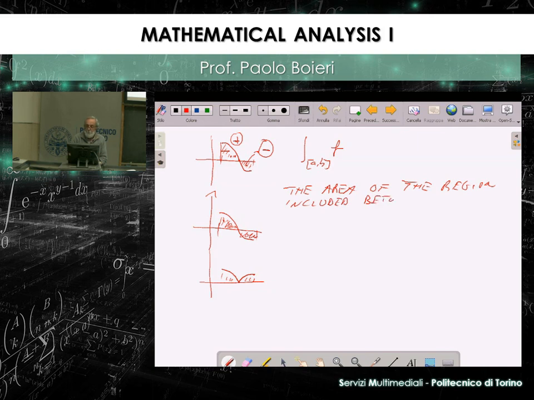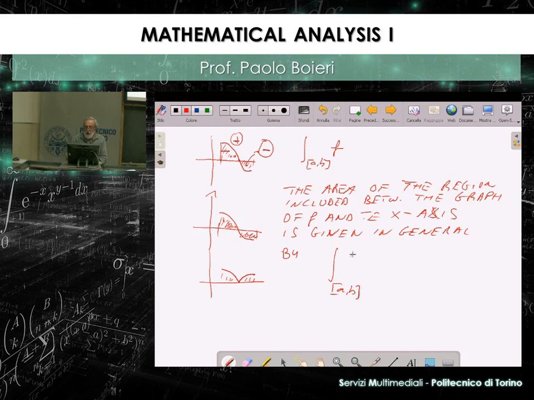between the graph of f and the x-axis is given, in general, not by the integral of f, but is given by the integral over AB of the function absolute value of f of x.